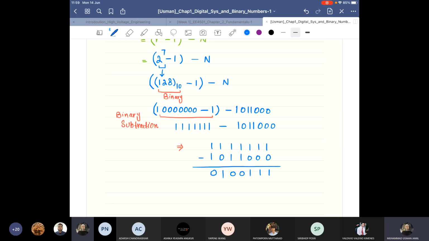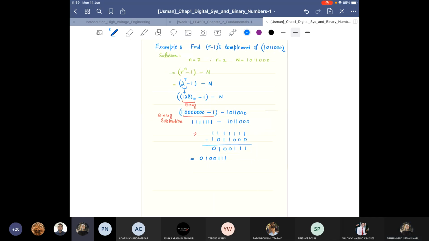So the answer is 0 1 0 0 1 1 1. So this is the answer now. So this is the answer for 2 power 7 minus 1 minus n is equal to this one. So this is the answer.